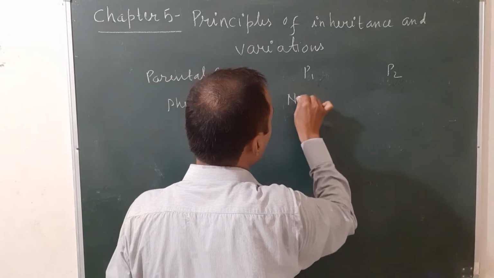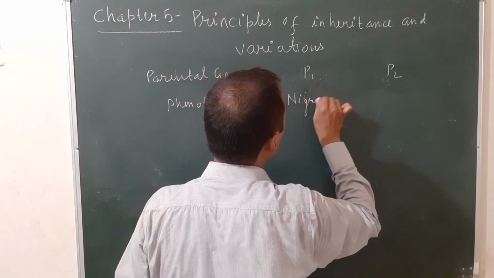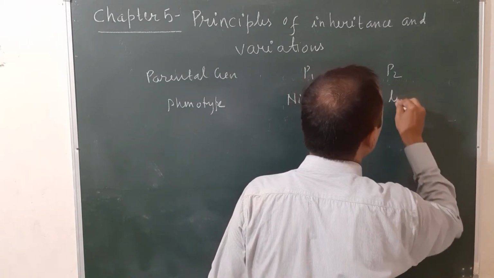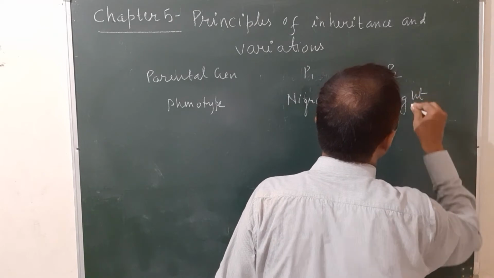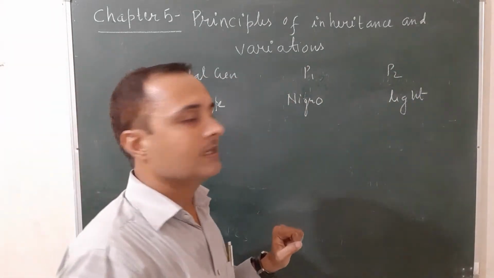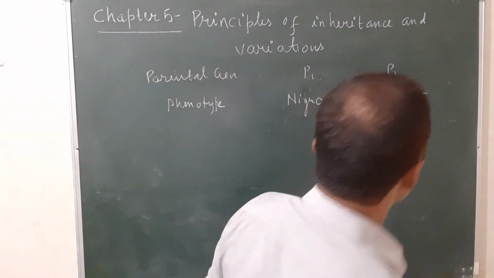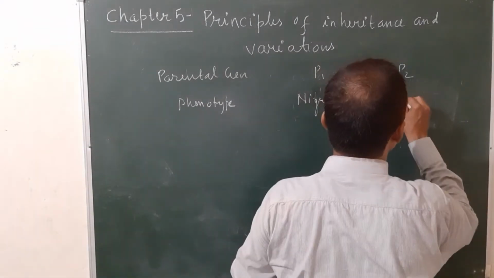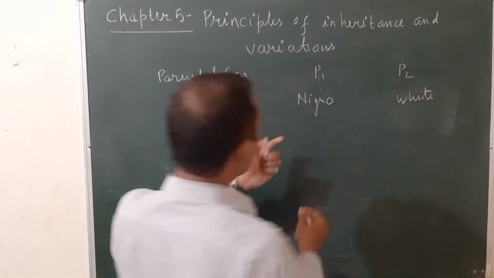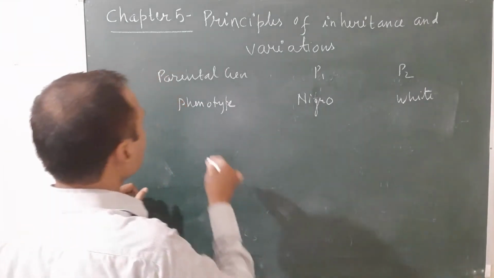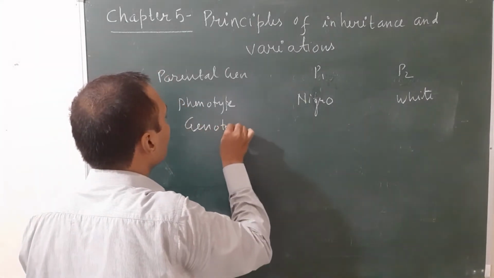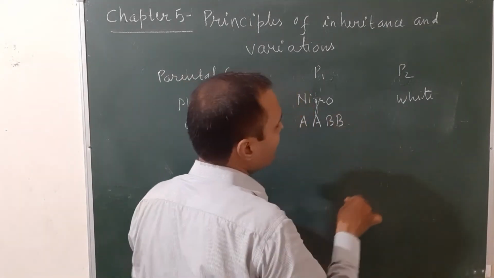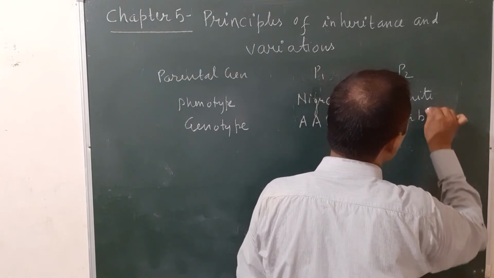First you will take negro, and then light. Negro is darker than black. Here the genotype is capital A, capital A, capital B, capital B, and here the genotype is small a, small a, small b, small b.